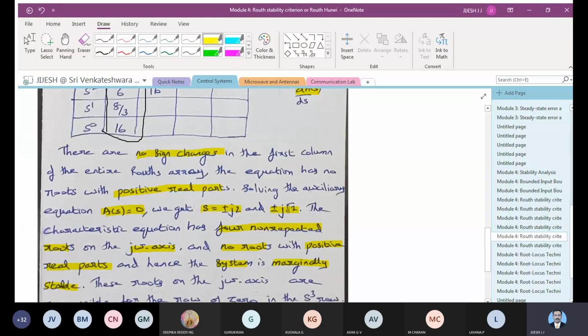If you start to understand it, you have this axis. This is the j omega axis, and this is the sigma axis. The roots will lie on the j omega axis. So since they lie on the j omega axis, we call it a marginally stable system.